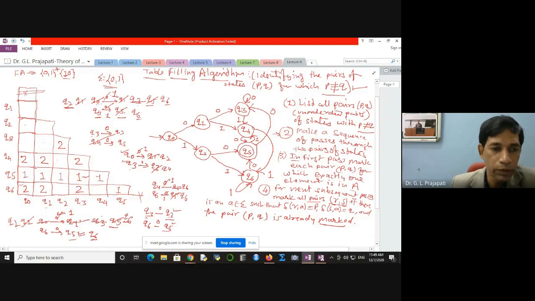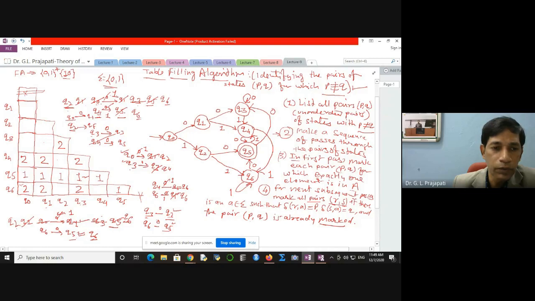Now you can consider Q0 and Q2. You need to consider this pair Q0, Q2. If you are at Q0 and getting 0, you are going to state Q1. From Q2 getting 0, you are going to state Q5, and Q1, Q5 is already marked.